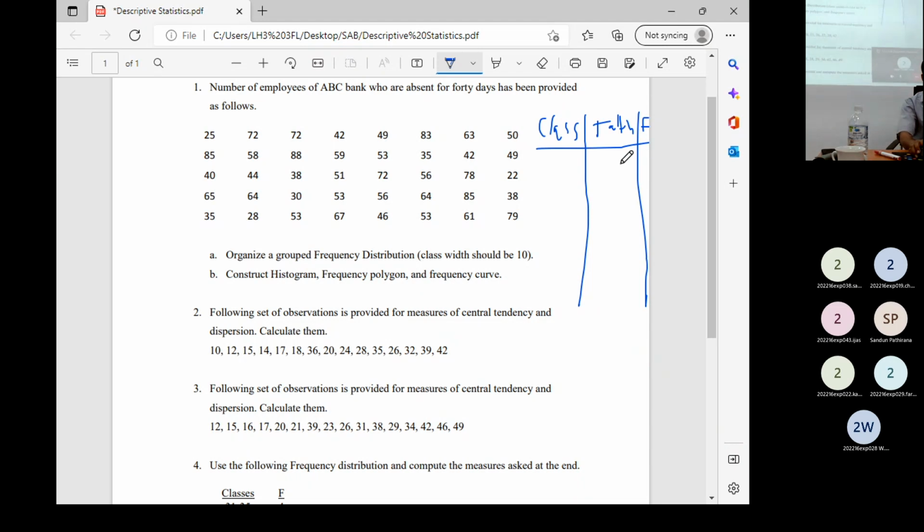Then start the class 20 to 29, then 30 to 39, like that too, 40 to 49, 50 to 59, 60 to 69, 70 to 79, 80 to 89.